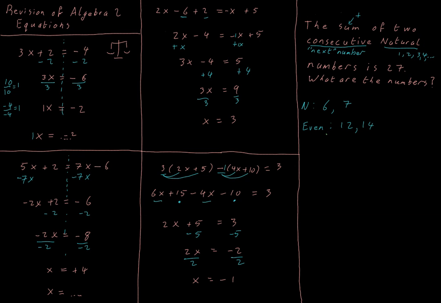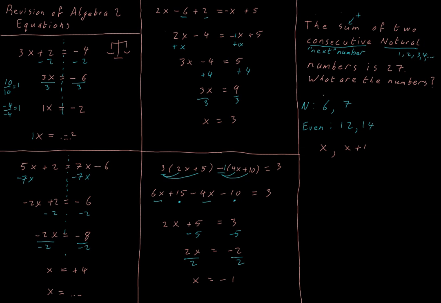Now that we have that, if we start off with a particular number, well, let's just call it x. What would be the next consecutive number if we're dealing with our natural numbers? Well, it would be x plus 1.